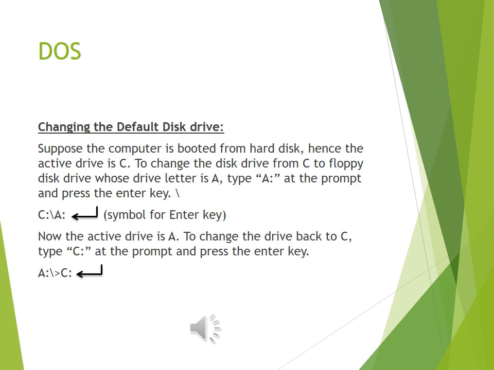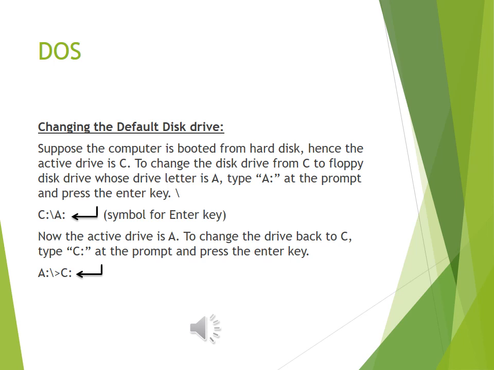Okay, so what's the procedure of changing the default disk drive? Suppose the computer is booted from hard disk, hence the active drive is C. To change the disk drive from C to floppy disk drive, whose drive letter is A, then you have to type capital A and colon at the prompt and then press the enter key.